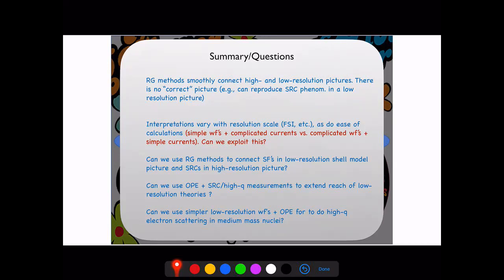It was really nice. I wanted to follow up on your second to last point, about extending the reach of low resolution theories. Do you have any ideas on what is an appropriate way of incorporating high Q SRC effects into things like DFTs? I've seen a few papers on the arXiv recently discussing the impacts of SRCs on cooling rates of neutron stars.